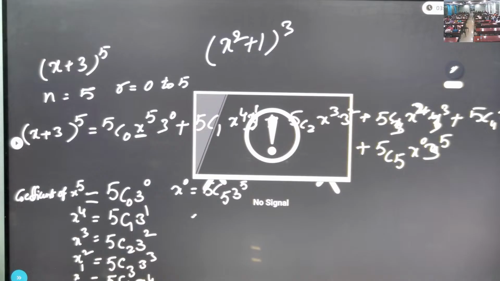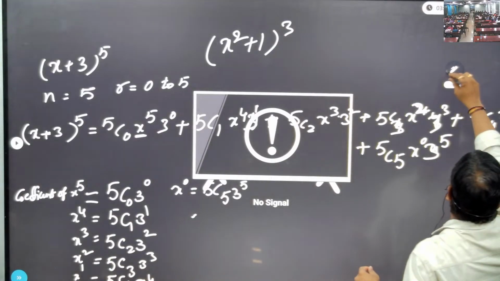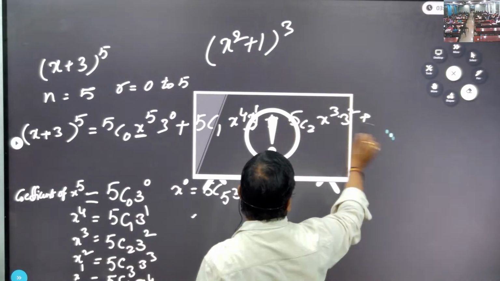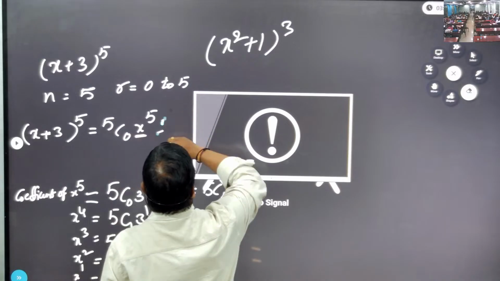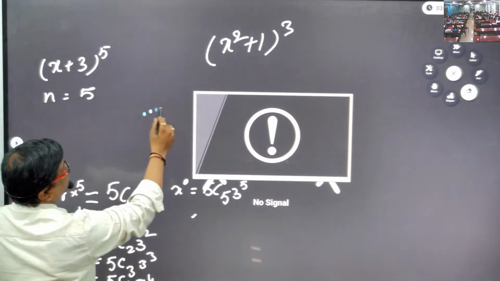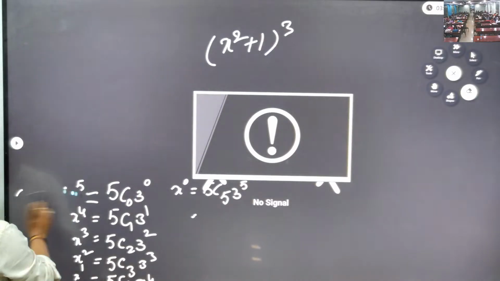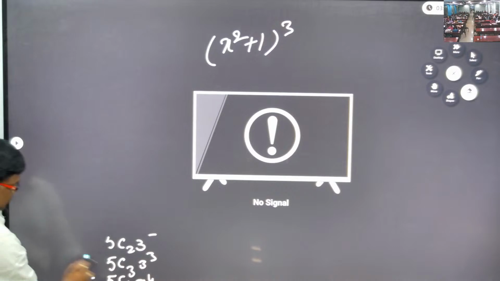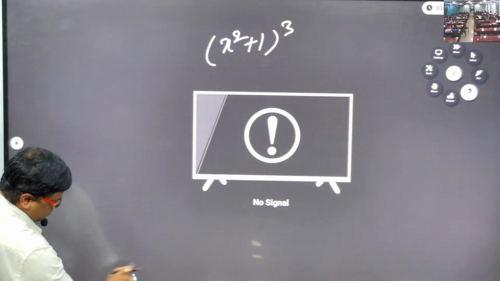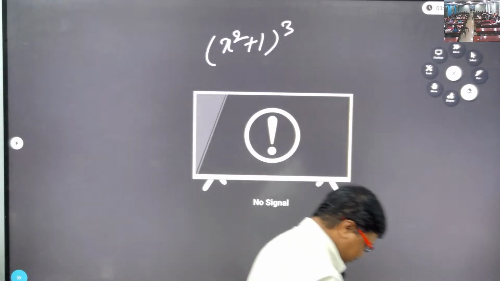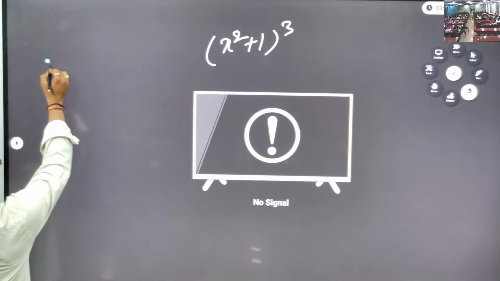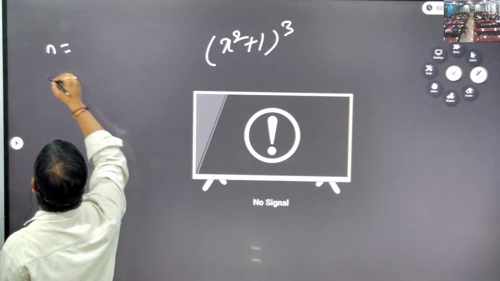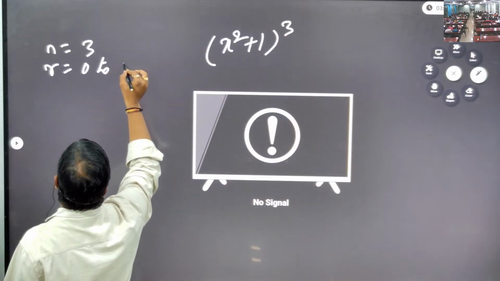What is x value and what is r value? n is equal to 3, r is equal to 0 to 3.